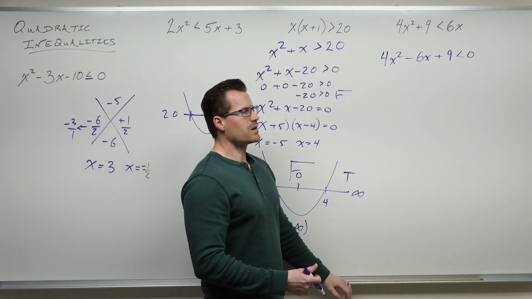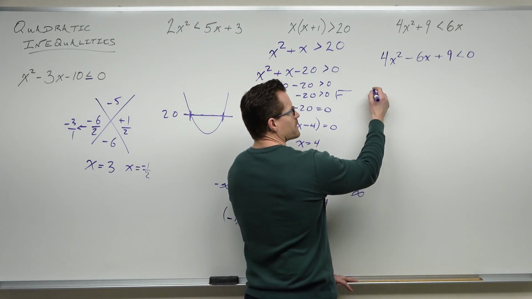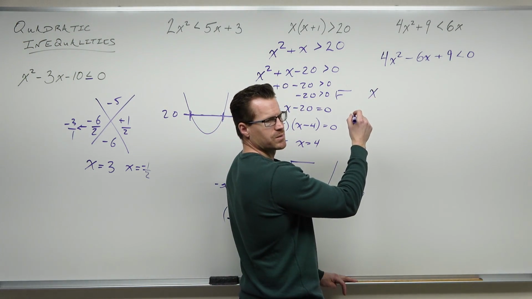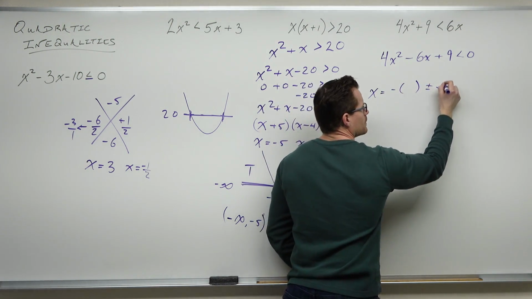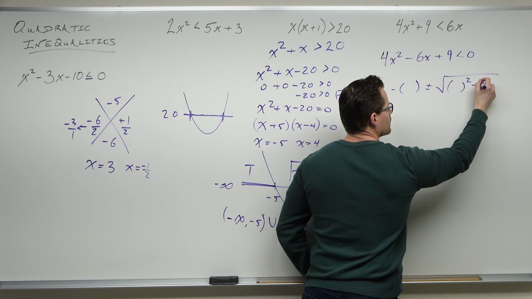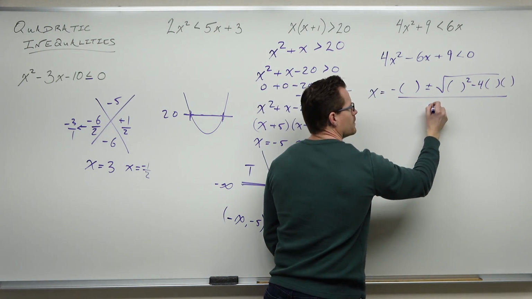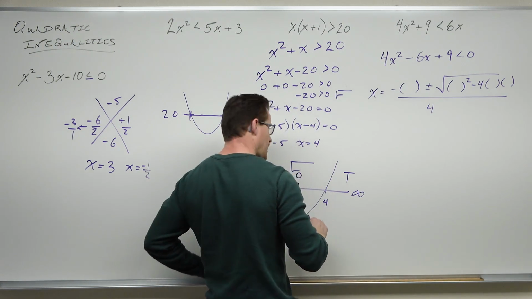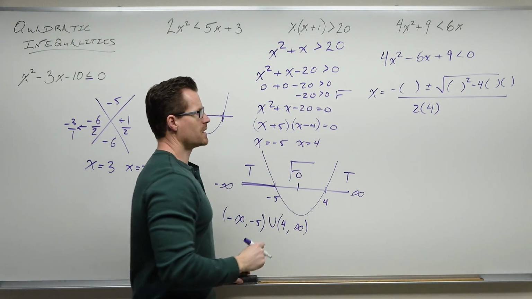Here we'd say, all right, I don't even have x-intercepts yet, so let's do the quadratic formula. We know that the quadratic formula says x equals negative b plus or minus the square root of b squared minus 4ac, all divided by 2 times a.